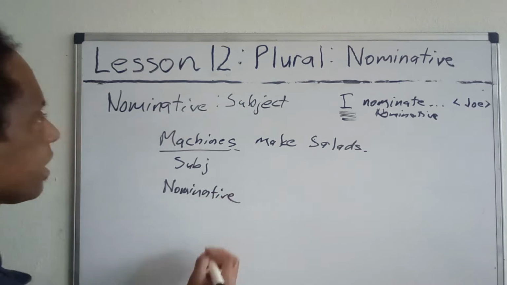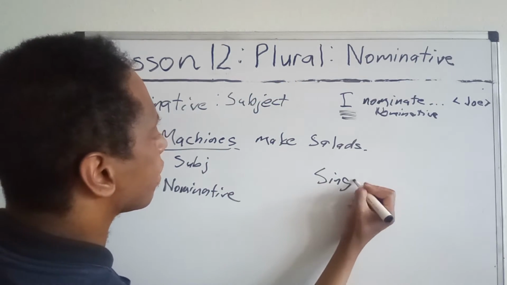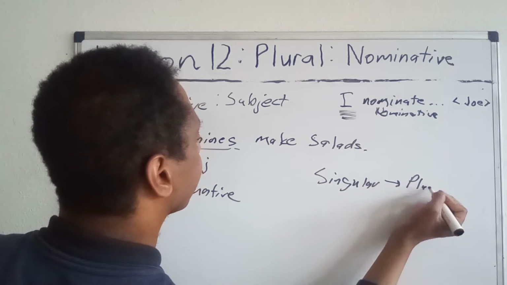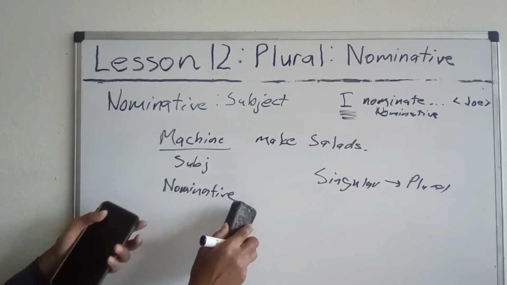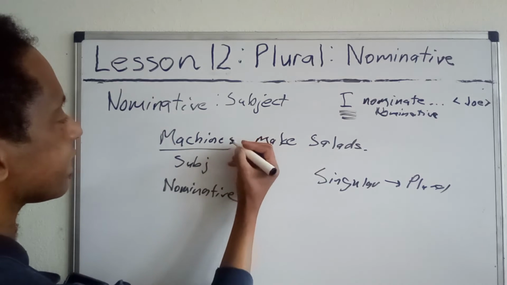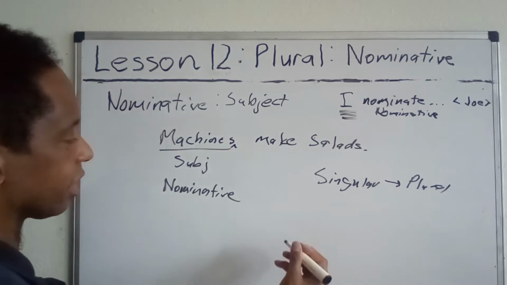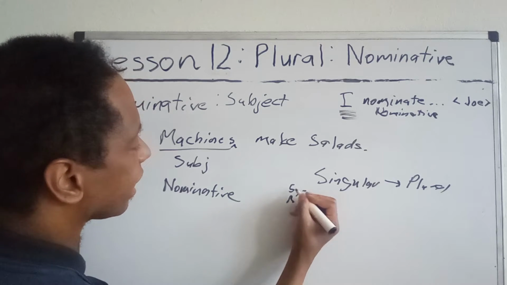This lesson is about changing singular to plural. So let's say it was just machine. That'd be the subject. If I want to make it plural, I'd add an S. Machines, that's what we do in English. We either add an S or an ES.